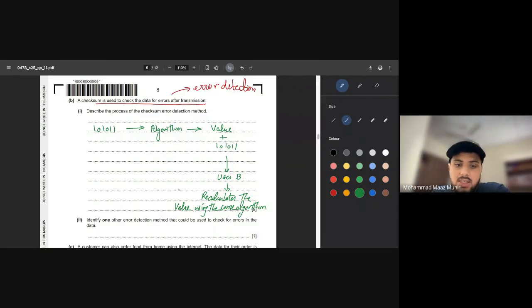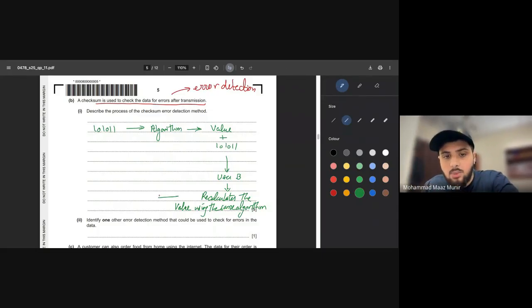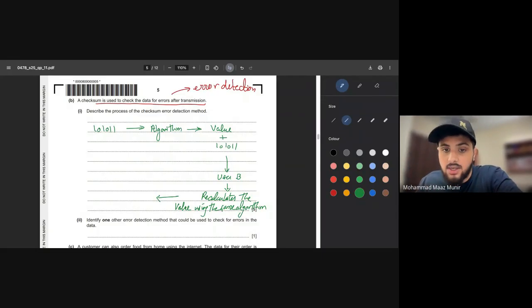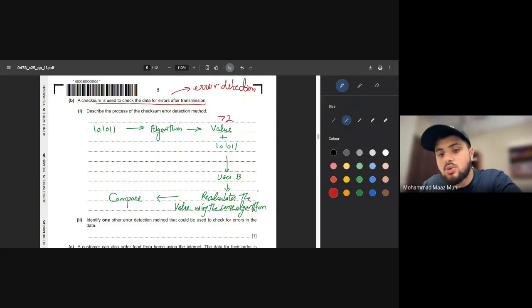Right, you have done this, and then it goes on that the data has come to you, it's recalculated, and then you are going to compare the values. So originally we will see that from the data this side has, let's say I get the value as maybe 72, and then the user also recalculates it, and instead of 101011 they get 101100. Now definitely this is going to result in a wrong value, right?